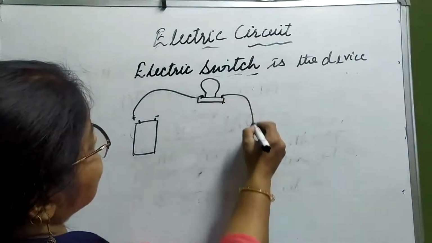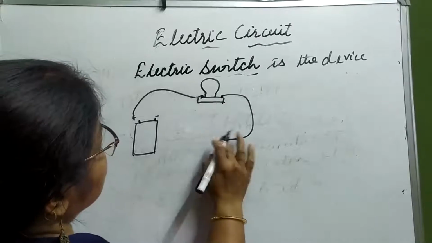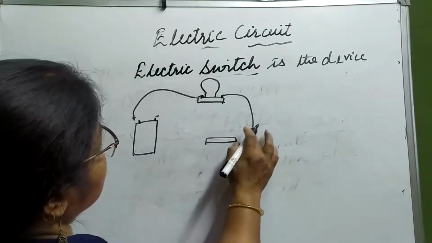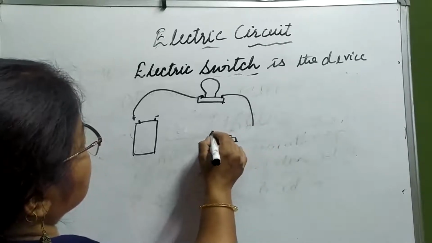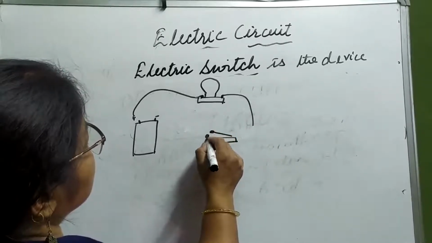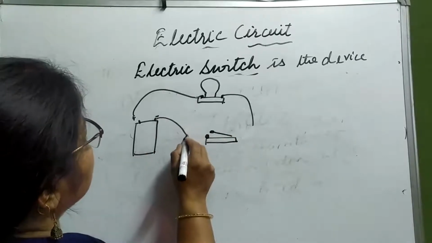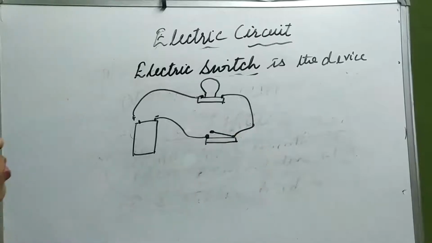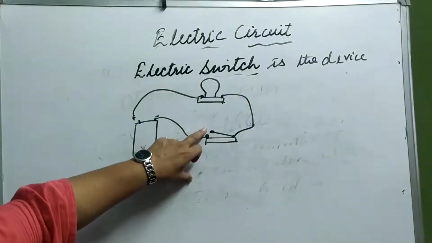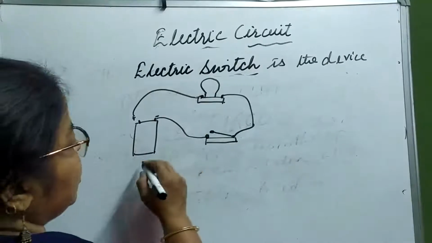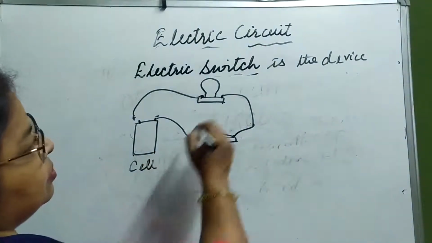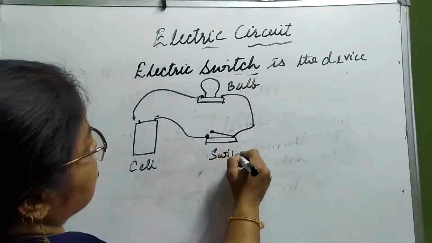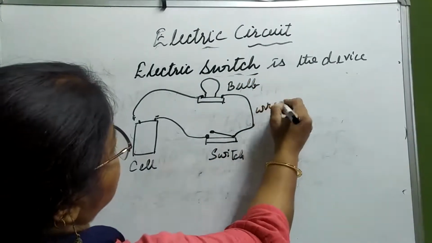Now this is connected to a switch, and this terminal is connected like this. They are not in contact with each other. Let me label it: cell, bulb, this is switch, and this is wire.